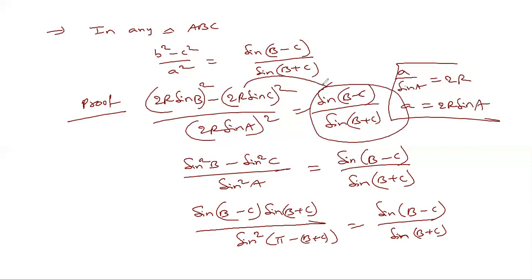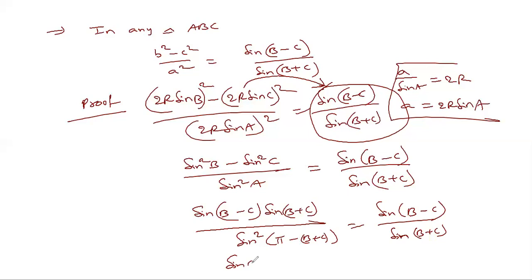This will be equal to this that we need to prove. So we almost completed it. Sin square 180 minus theta is what? It is sin square theta.